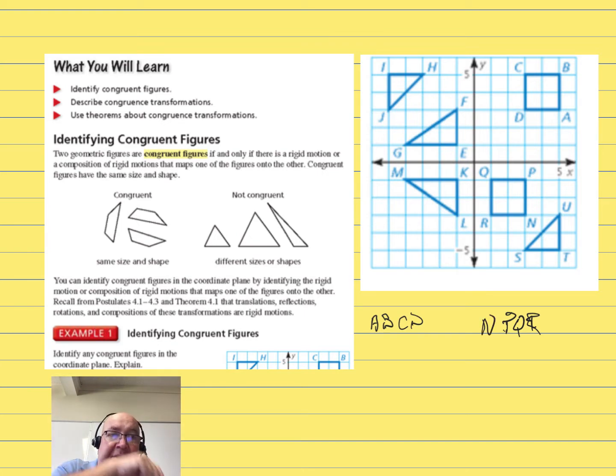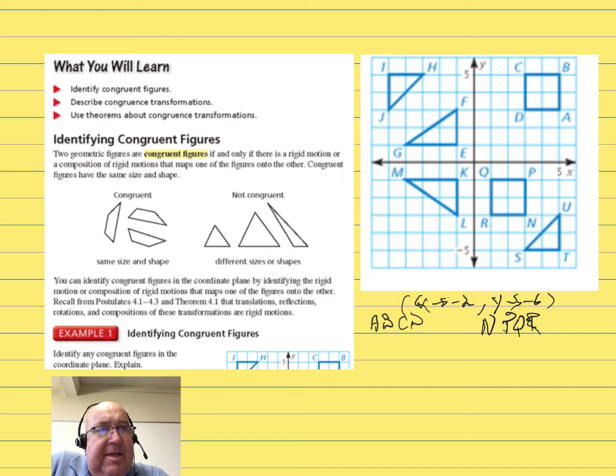Go in the right direction to keep them the same. And we can see that this was a translation of x minus 2 and y minus 6. So we moved back 2 units and down 6 units.